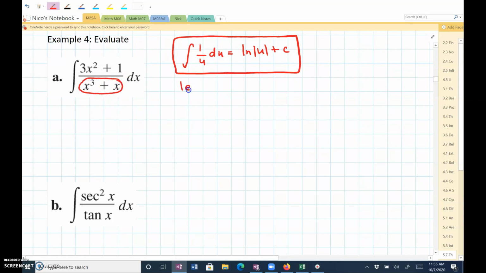If we let u equal x cubed plus x, then the derivative of u with respect to x would be 3x squared plus 1. Thus, du equals 3x squared plus 1 dx.